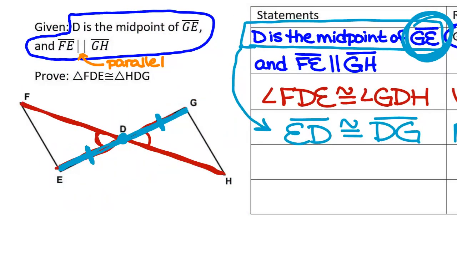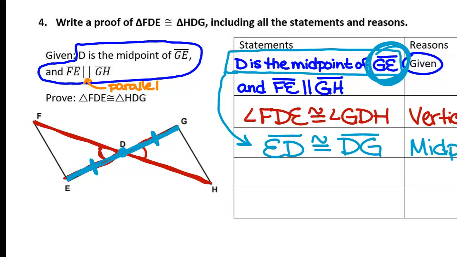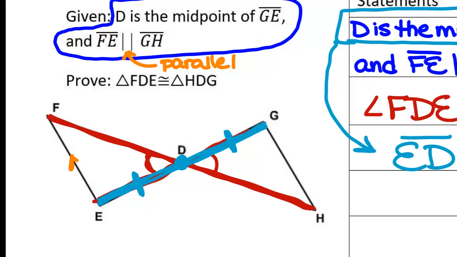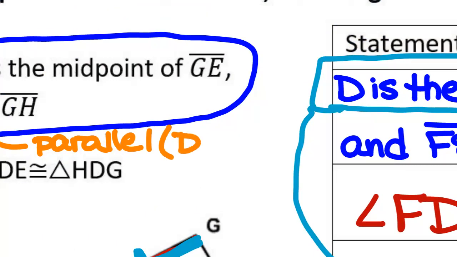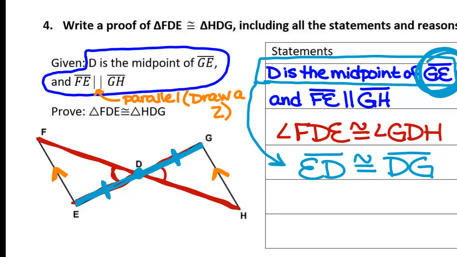All right, fantastic work so far. Now we've got our parallel lines. We have that FE, this side right here, is parallel to GH, this side right here. So I can come in here and draw what shape? A Z. Remember, when we see parallel lines, we want to draw a Z shape. So I'm going to go on top of my parallel lines and connect them with a transversal, like this.